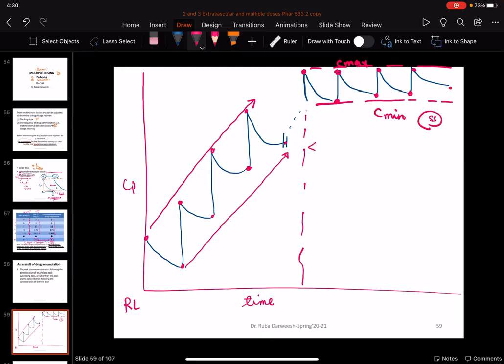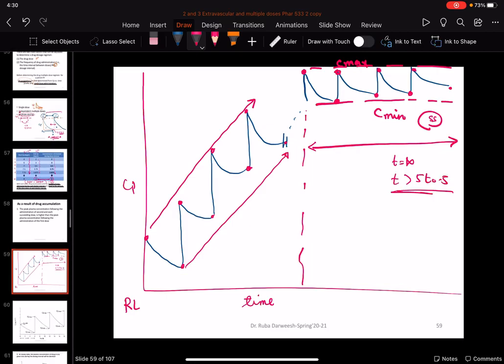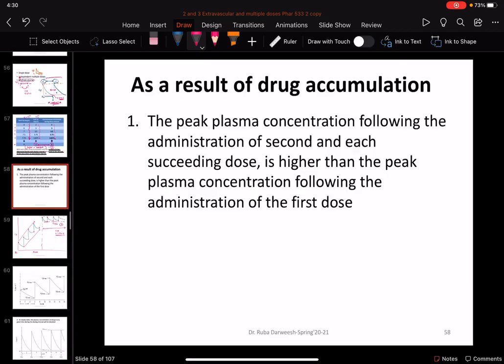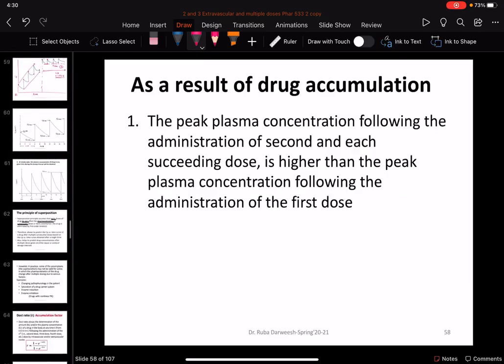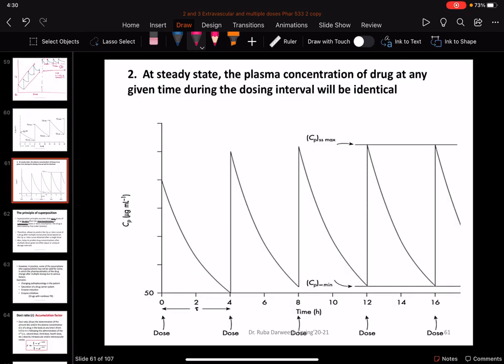And we know that this happens at time infinity in theory, but we mentioned that in practice this happens at a time that is more than 5 half-lives, usually. And this is what I mentioned either in this point or in the second point here.